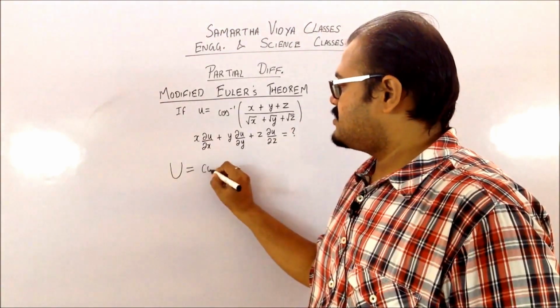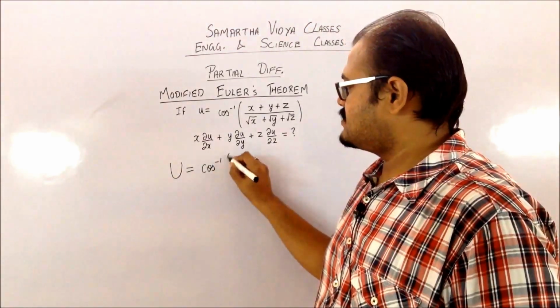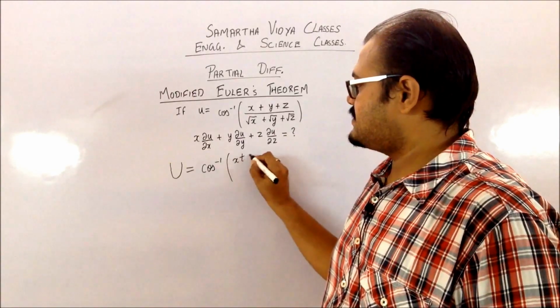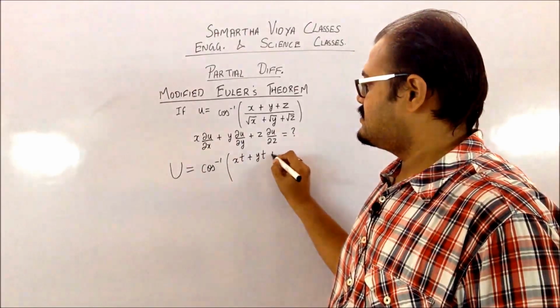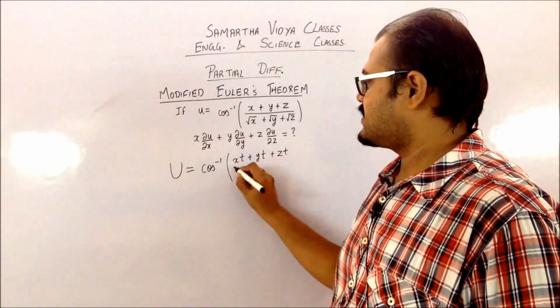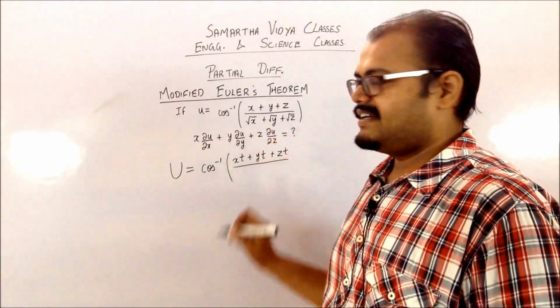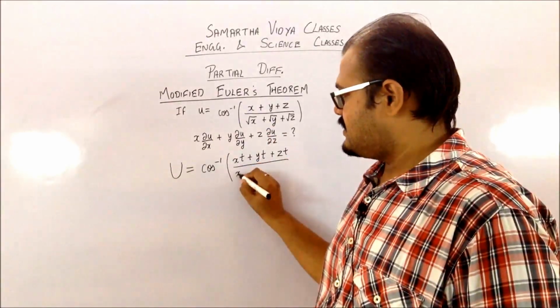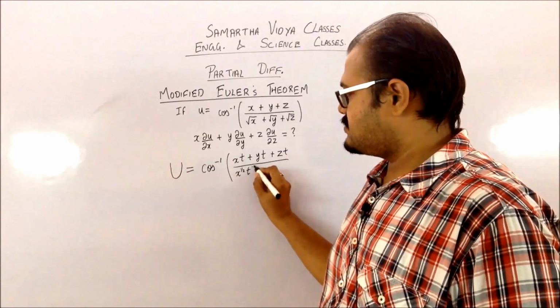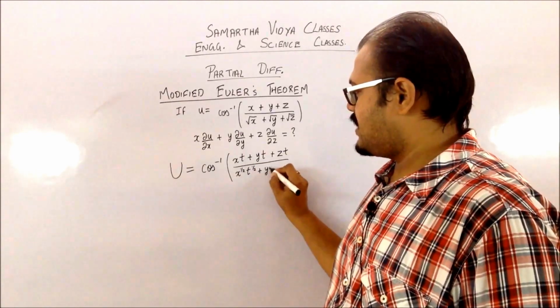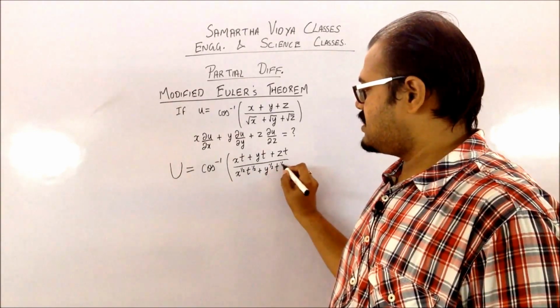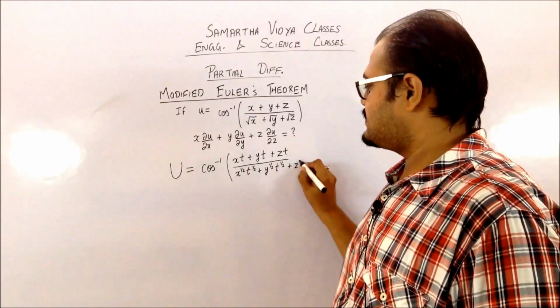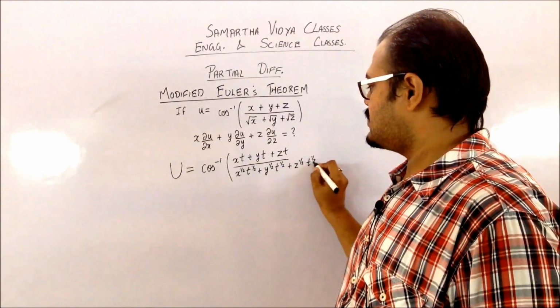So you will have cos inverse of xt plus yt plus zt divided by, you can write this root x as x raised to half t raised to half, plus y raised to half t raised to half, plus z raised to half t raised to half.